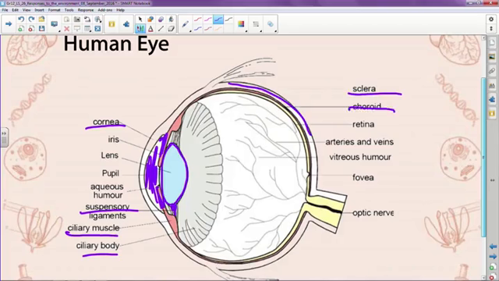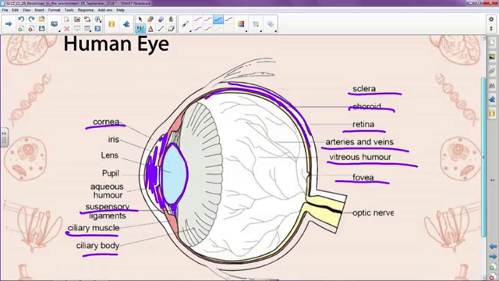You get your choroid, which is a thin layer around the eye over here. You get your retina, which is the yellow part, which consists of your rods and cones. You get your arteries and veins, because remember your eye still needs oxygen and food. You're going to get your vitreous humor, which is found inside the eye. Remember, it's still a liquid found inside your eye.